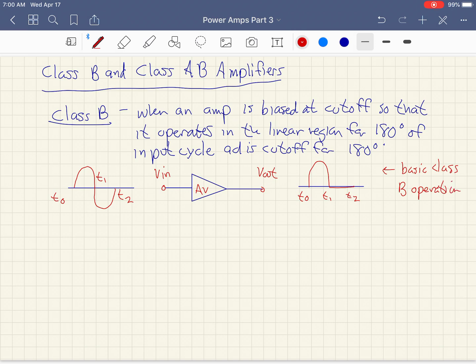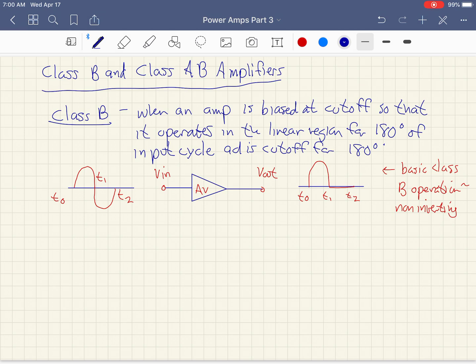That's what this demonstrates. And it's non-inverting. There's no phase shift, so it's not inverting. Frequency doesn't change, just the amplitude changes. We'll get into a little more detail.